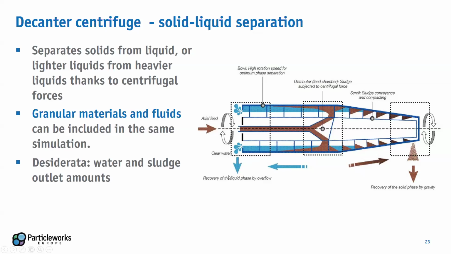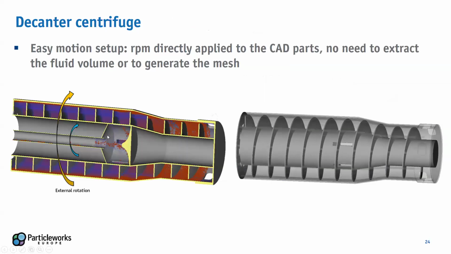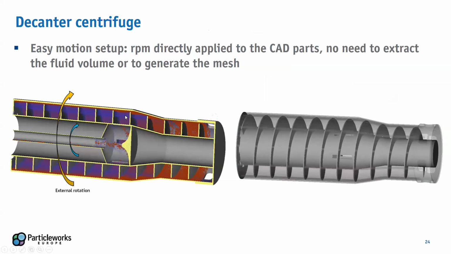Just to give you an idea of other types of systems that are investigated here, you see the results of the rotations and the fluid phase, as well as the distribution of the powders.